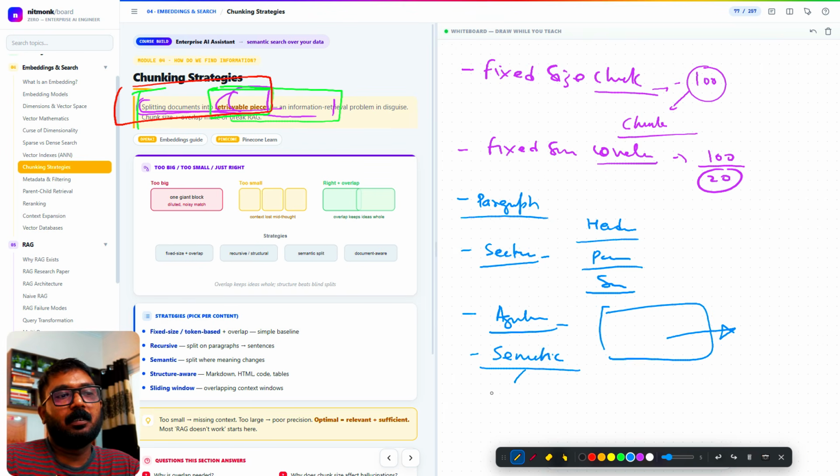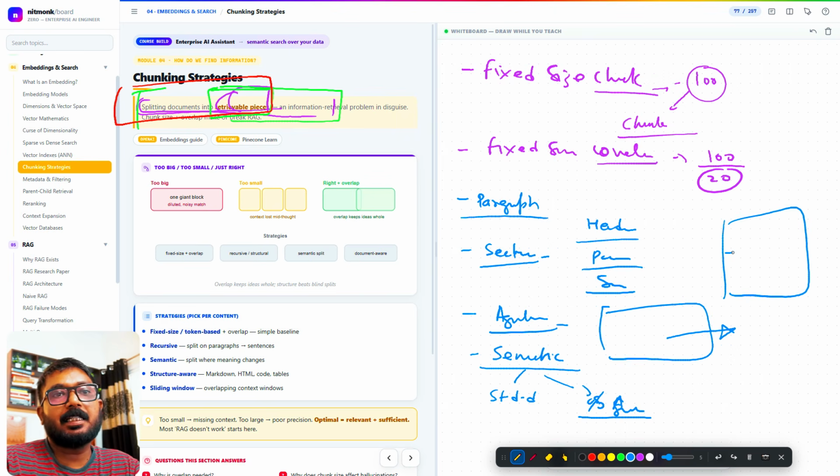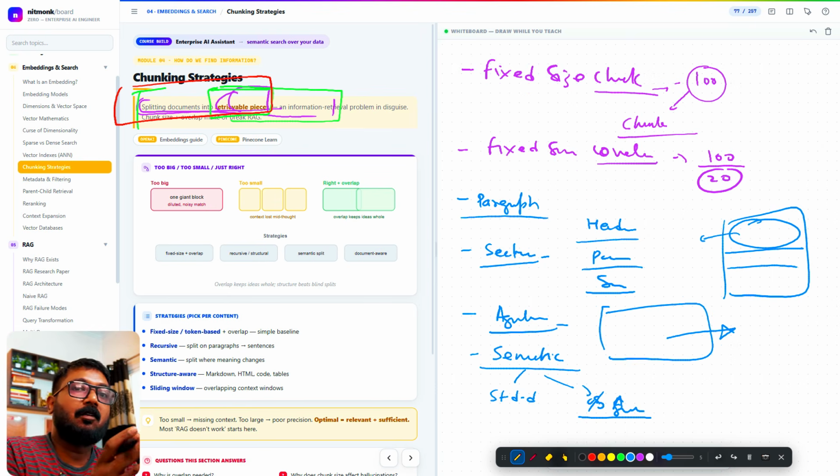Like there is a semantic chunking, correct. Semantic chunking has two things, like there is a standard deviation, there is this percentile similarity. So what happens in semantic, you try to understand these different sentences or chunks or paragraphs and then make a semantic meaning of how close one paragraph could be to a chunk, how much bigger a context this paragraph contains, and then try to index it.